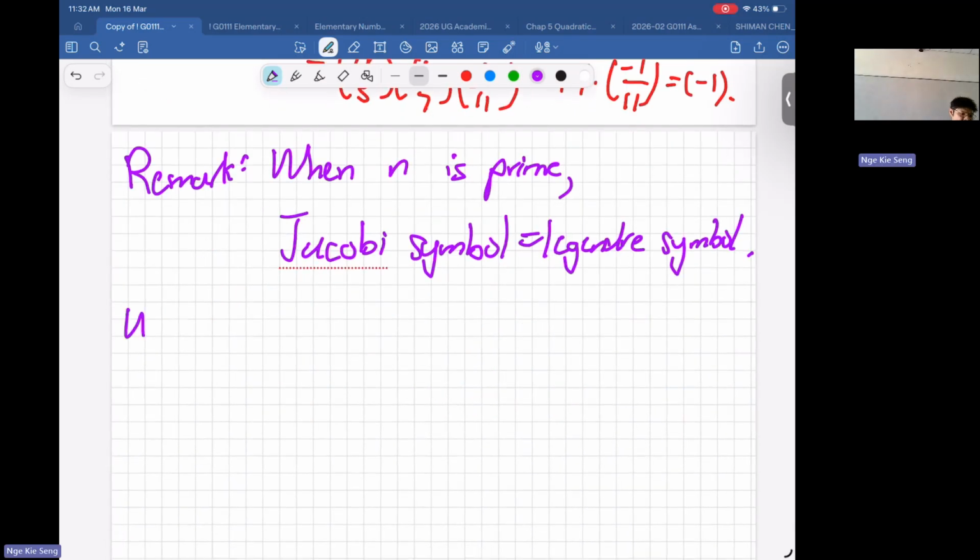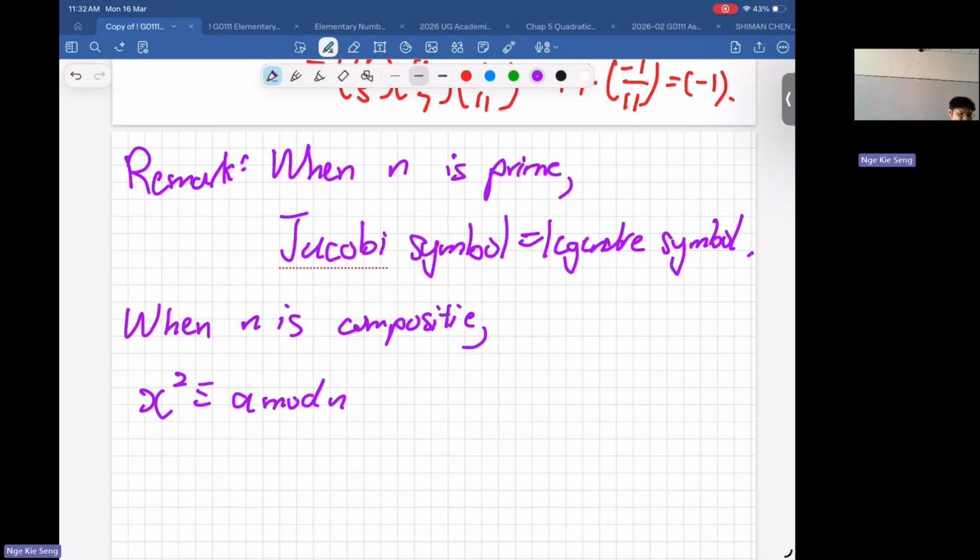Okay, maybe I'll tell you now. So when n is composite, if this equation here has a solution, that implies that the Jacobi symbol a over n is 1.